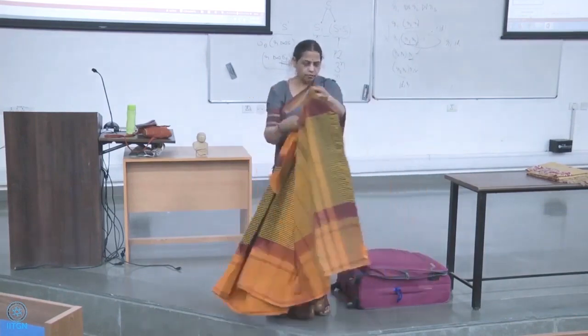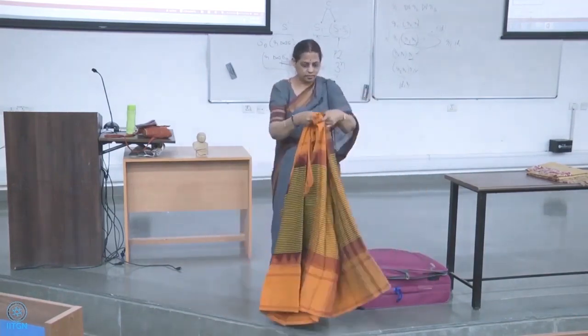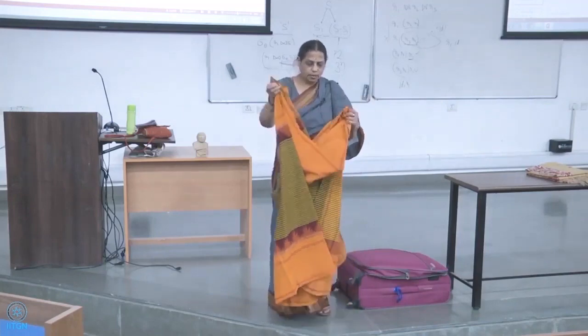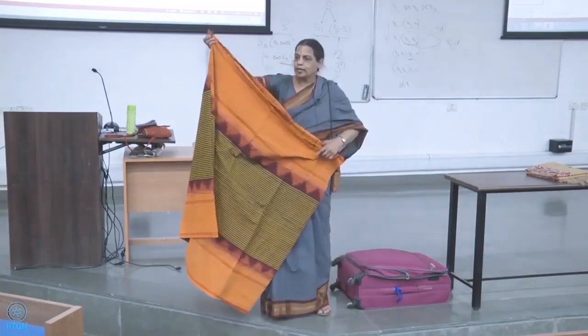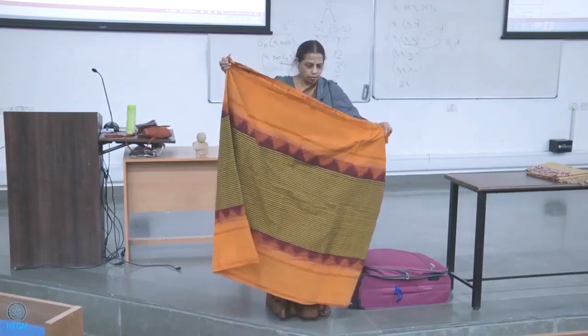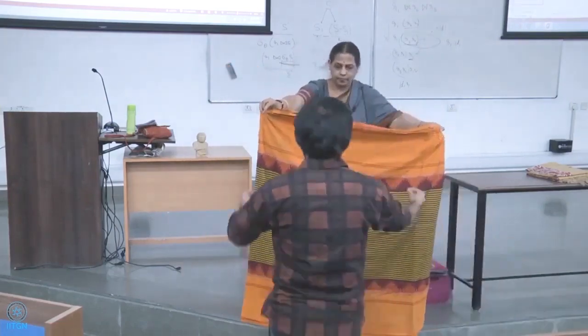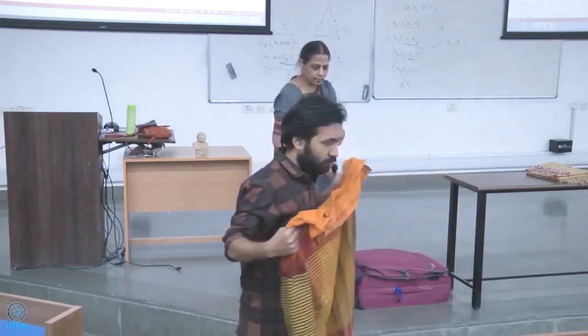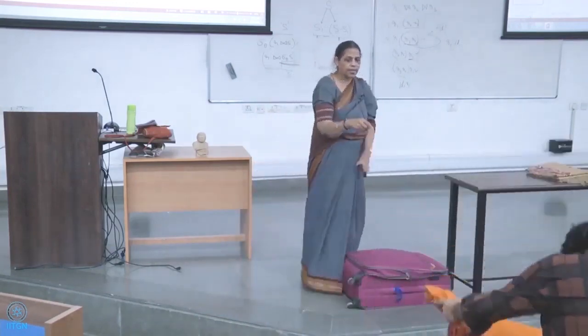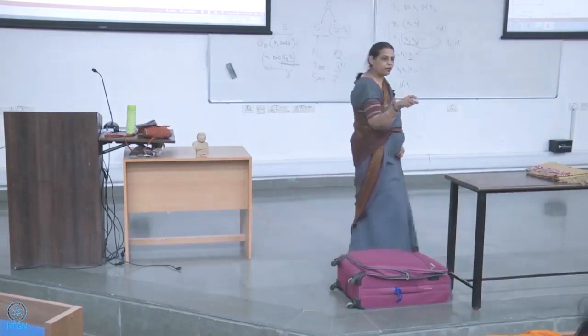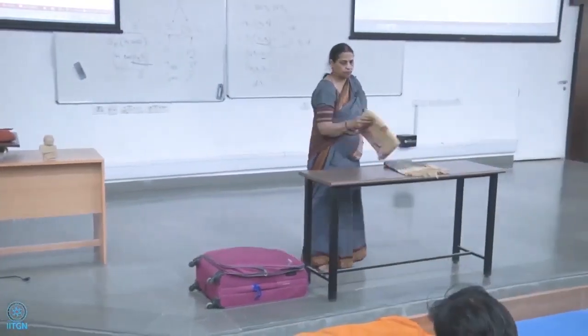But here in Chettinad, you have two pallas. Two pallas, you can say that you could wear it either way. If one side gets torn, you could wear the other side. The temples there are the joining of the border and the pallu.